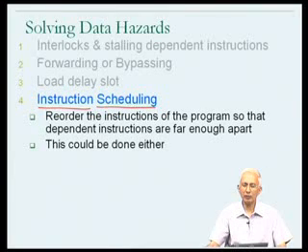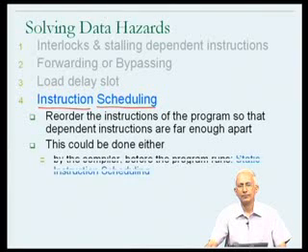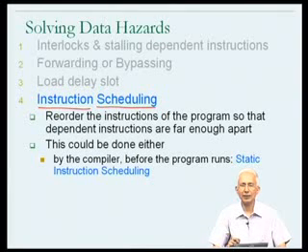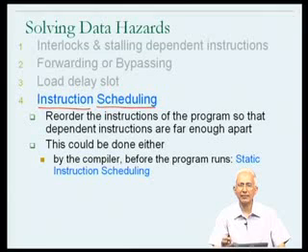Now, the reordering of instructions could be done at 2 points in time. It could be done either by the compiler, in other words, well before the program ever runs, and in that case, we would call the instruction scheduling static instruction scheduling, since the reordering of the instructions is done statically one time before the program is running.